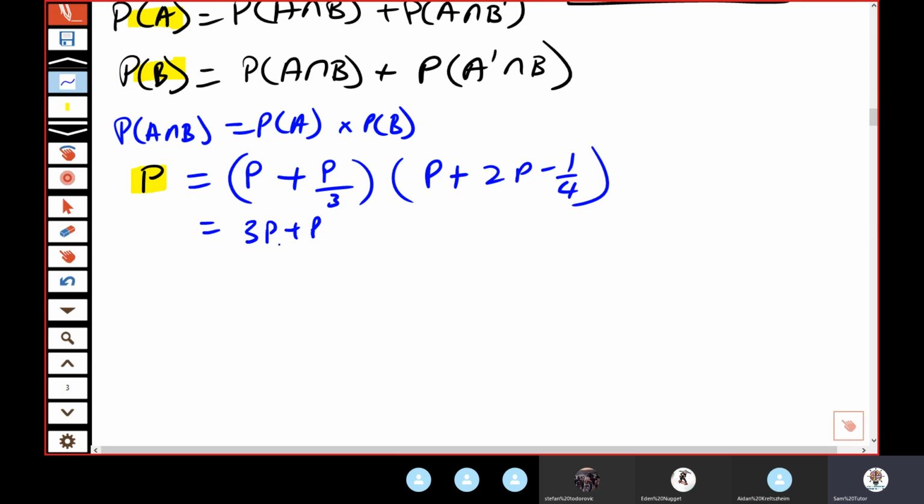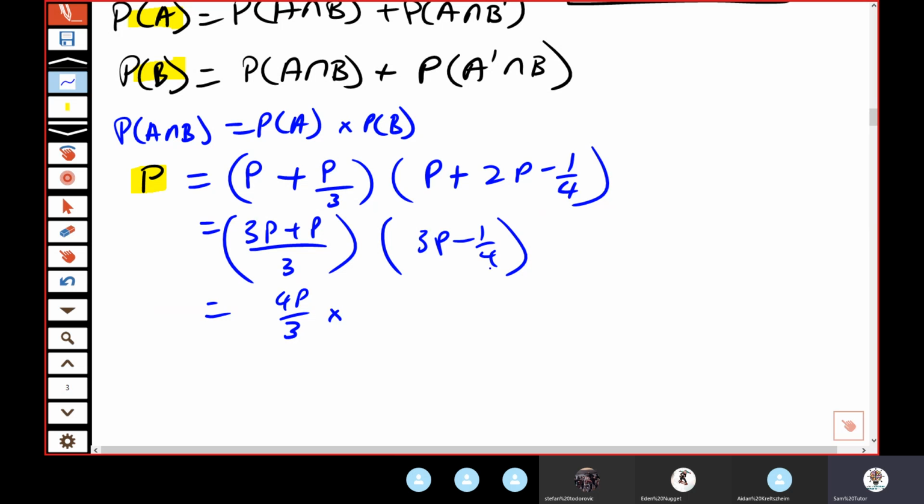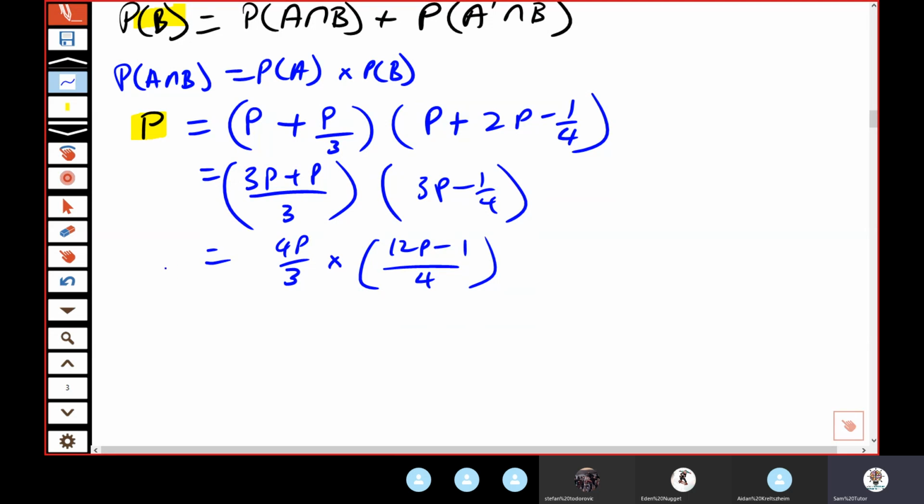Three p plus p on 3. Common denominator, simplify this one. Next line, 4p on 3. Common denominator, 12p minus 1 on 4. Multiply it all in. 4p times 12p is 48p squared minus 4p on 12.